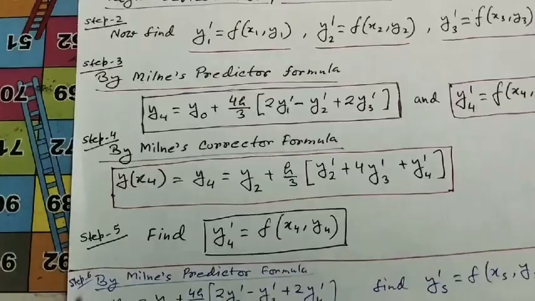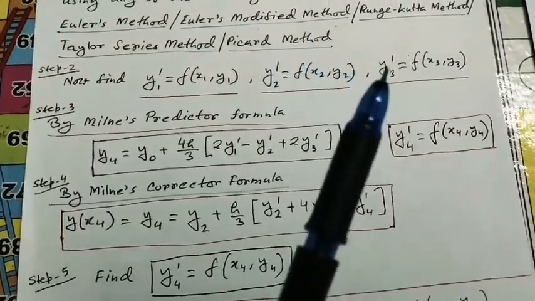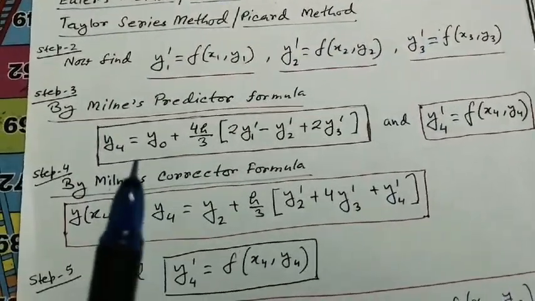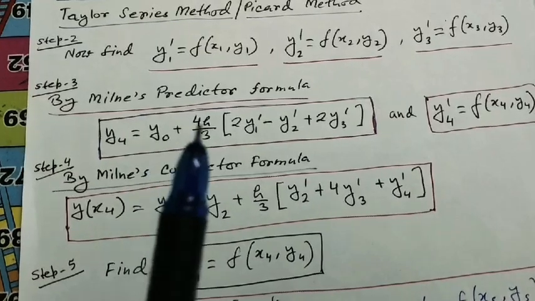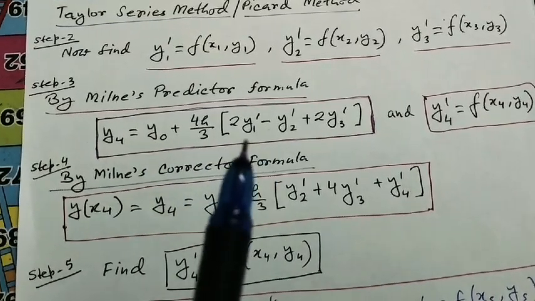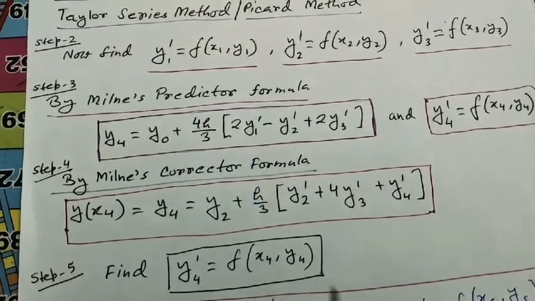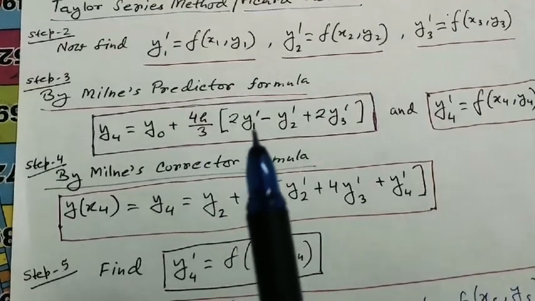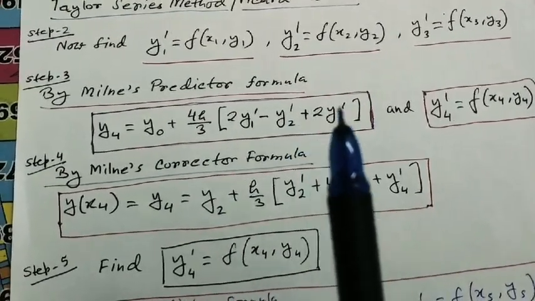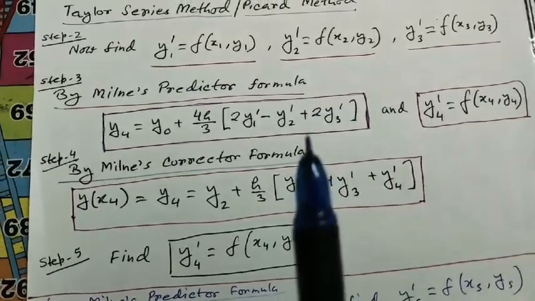And what is the formula? After getting y3 dash, we will get y4 equals y0 plus 4h by 3 into 2y1 dash minus y2 dash plus 2y3 dash.